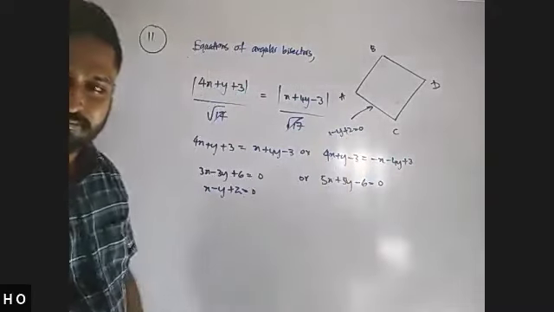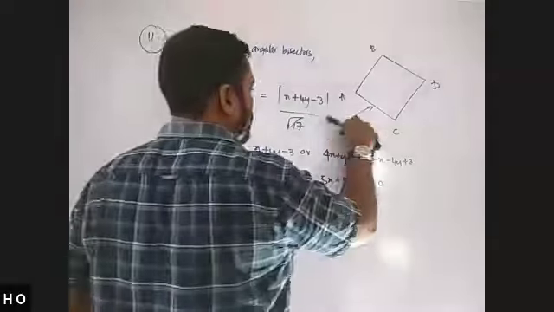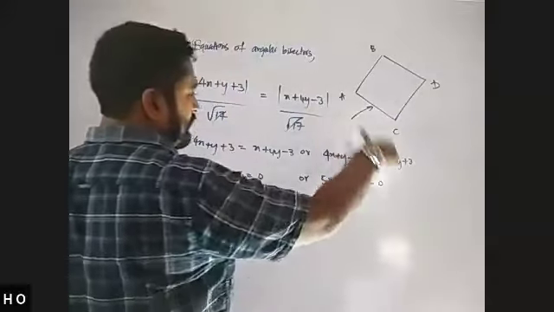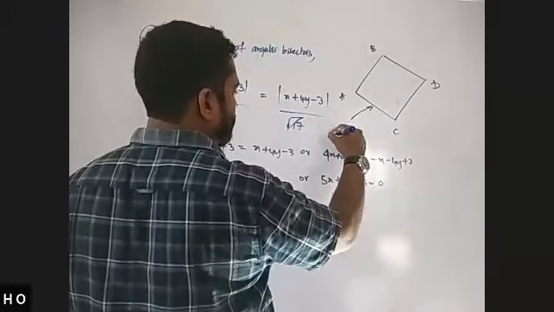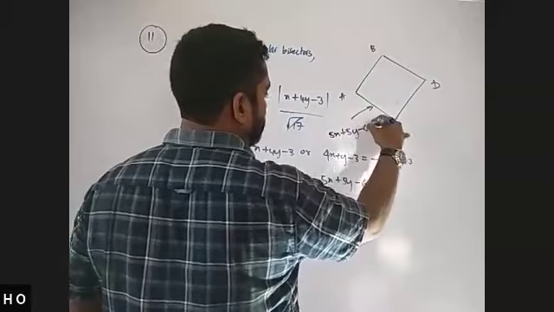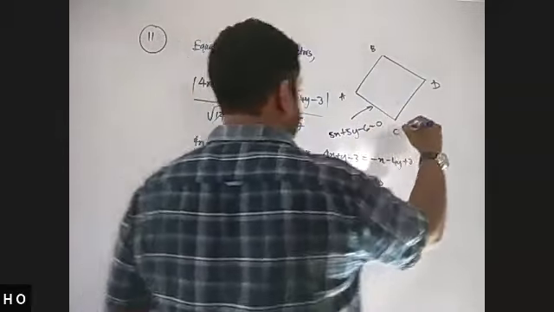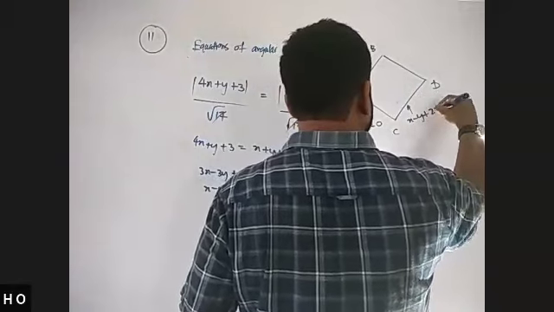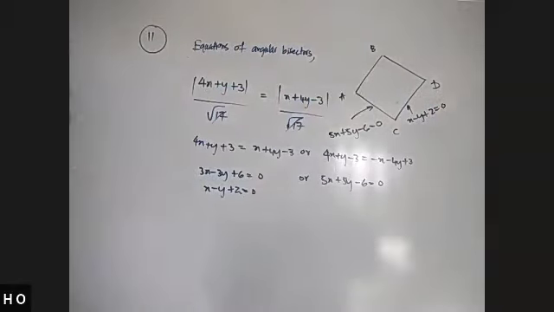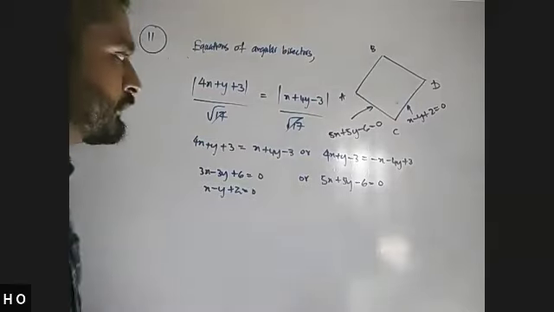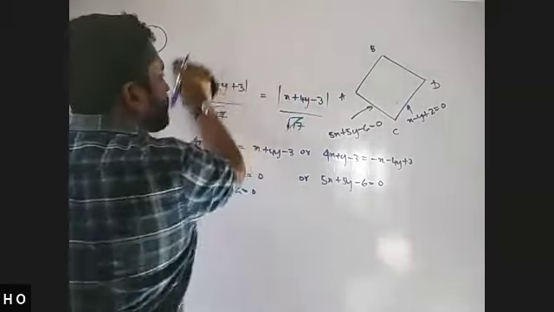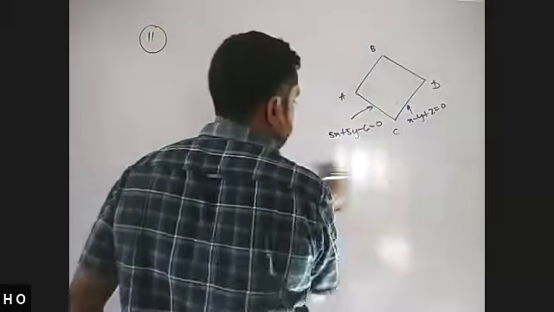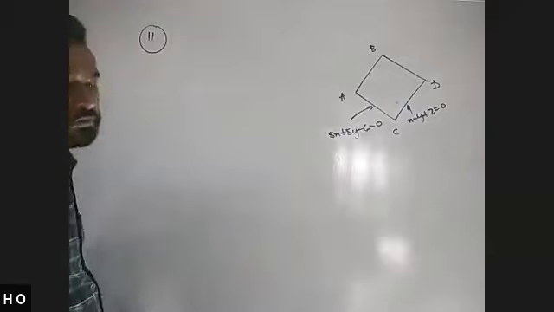You don't need to depend on the diagram by the way. As this has a negative gradient, let us take 5x + 5y - 6 = 0, and here x - y + 2 = 0. That is it. This is by the equations of the above proof. I have just found those two.